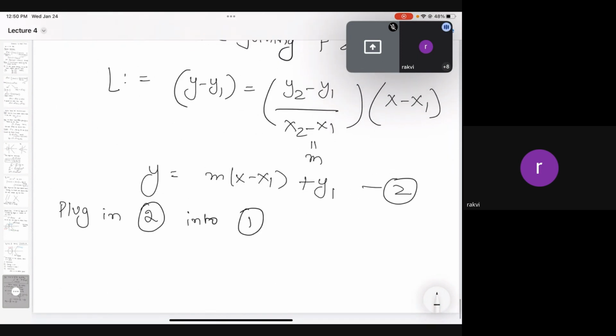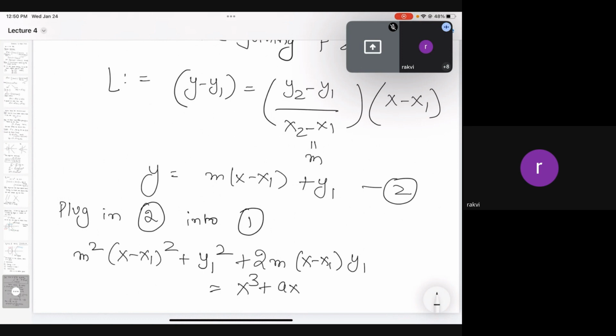We square it. So we'll have m squared times (x minus x1) squared plus y1 squared plus 2 times m times (x minus x1) times y1 equals x cubed plus ax plus b. Right? This is my equation. It's purely given in x.